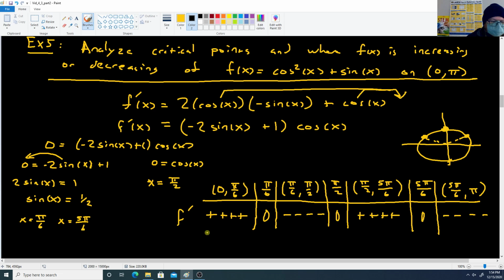So let's list the local max and mins first. If we go positive to negative, so sign change from positive to negative, that creates a local max.